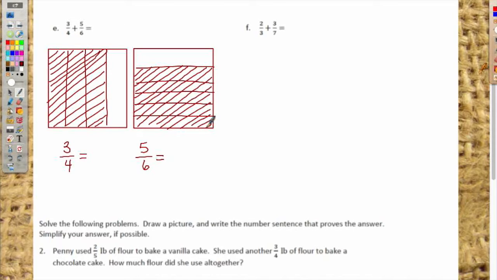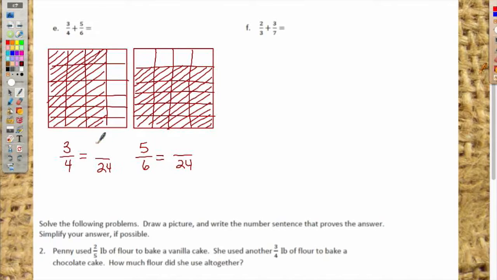So I'm going to cut the 6 into fourths, first of all. And Ava, what is 6 times 4? 24. Okay, so I'm going to go ahead and write that now. And then I'm going to cut the fourths into 6. So on this one, I have 3 groups of 6.